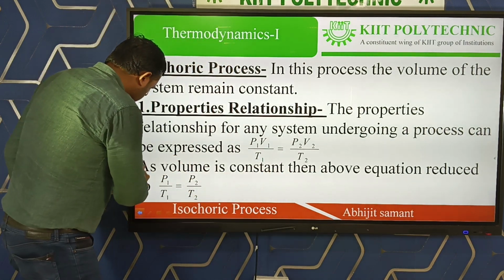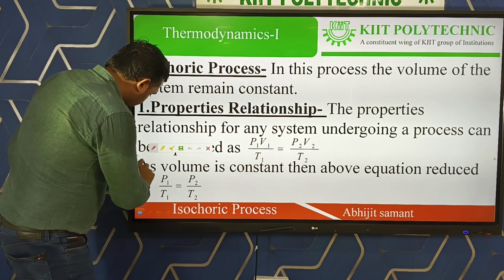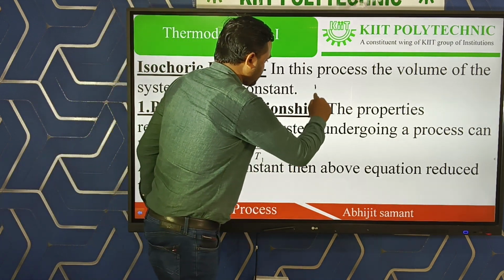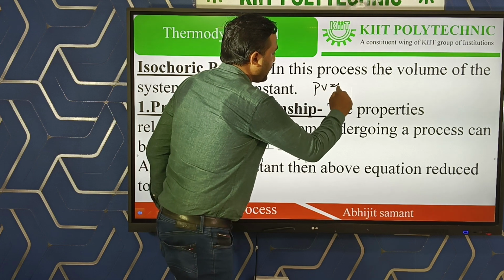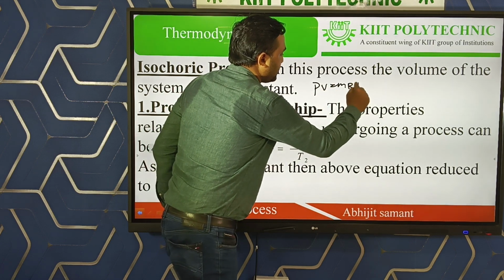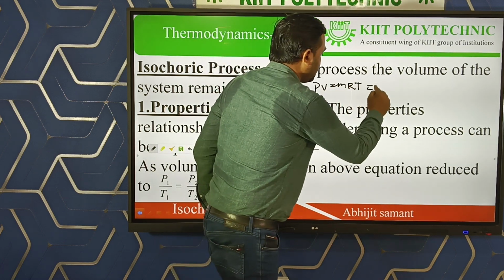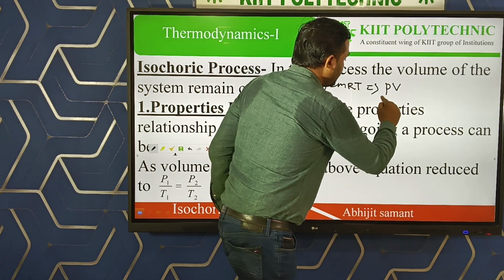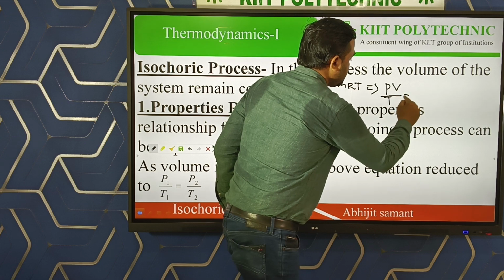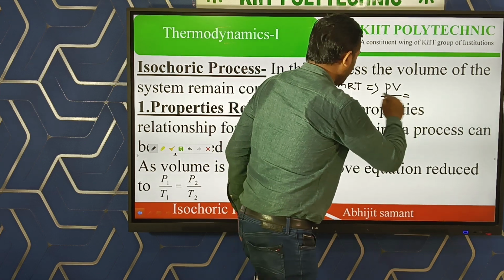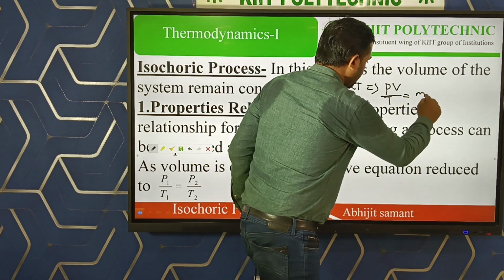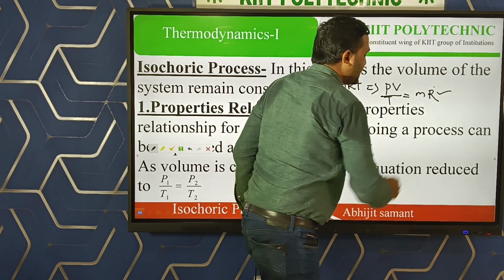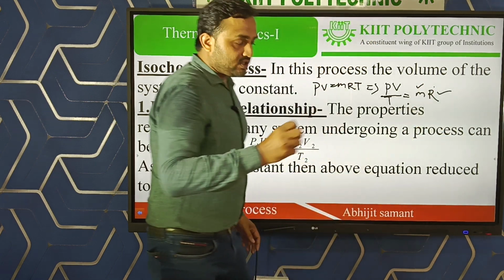So let us discuss why we write this. We know that PV equals mRT, which implies that PV divided by T is equal to m into R. Here R is the gas constant and m is the mass of the substance.